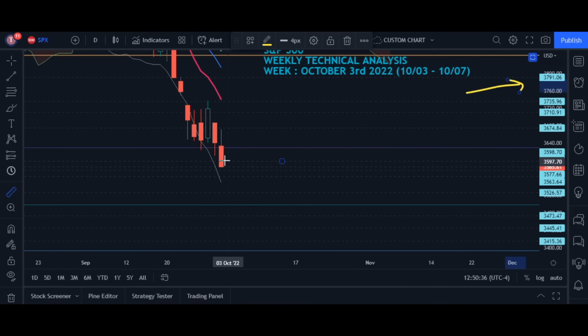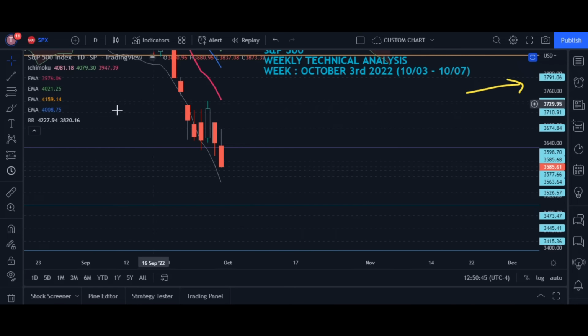Because if I see the closing of this candle and then this upward movement, that will be too much. So 3790 is not expected as of now. Yes, we can say 3735, so this will be good, and this will be enough.